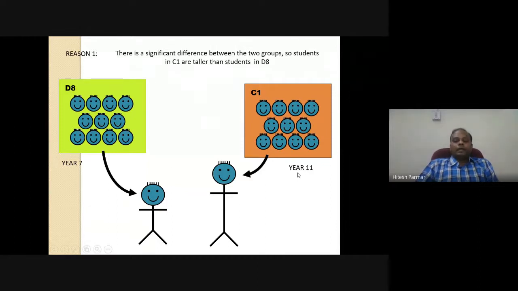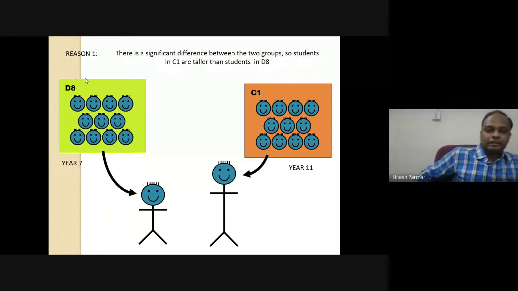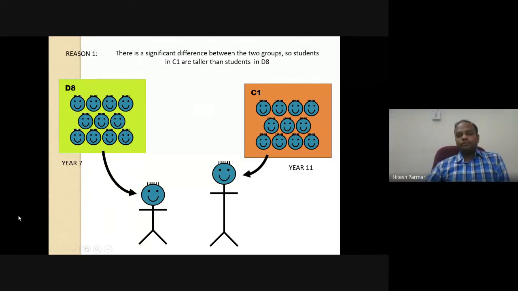So definitely the 11 years of age will have a higher height than the 7 years of age. So it is bound to happen. So reason number 1 is natural difference, that there is a significant difference between the two groups. So difference is present, natural.